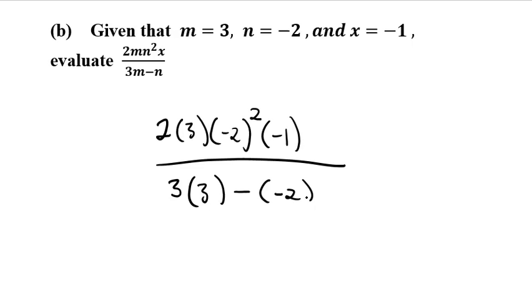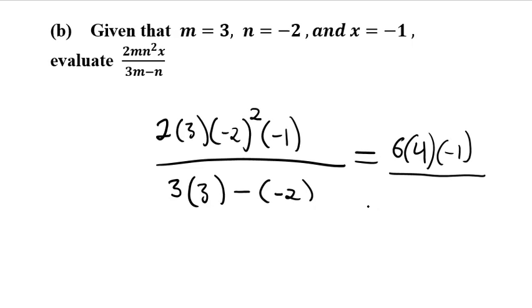Okay, so now we have to simplify this, and this will be equal to 2 times 3, that will give us 6. We have (-2) squared, that is going to give us +4, multiplying -1.